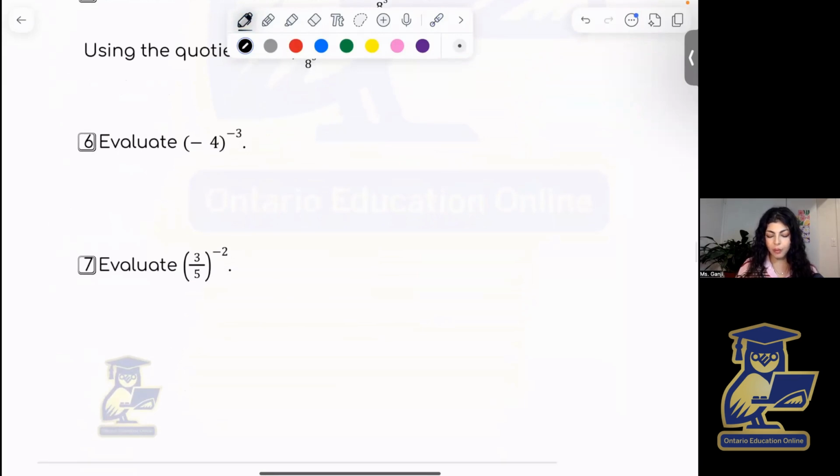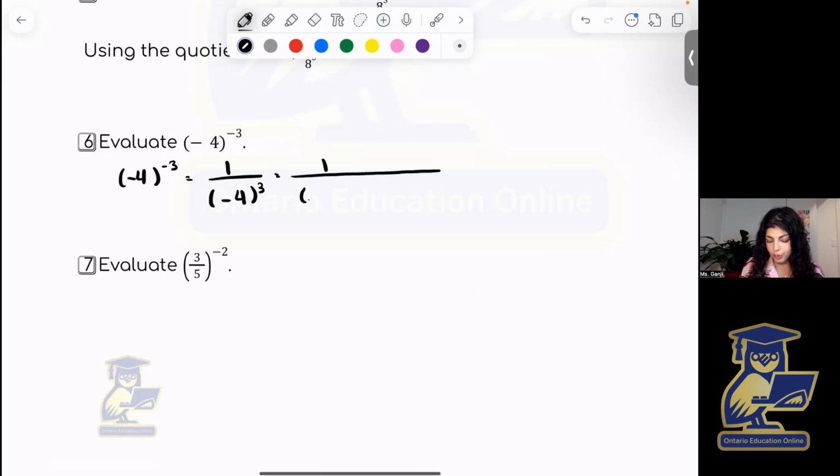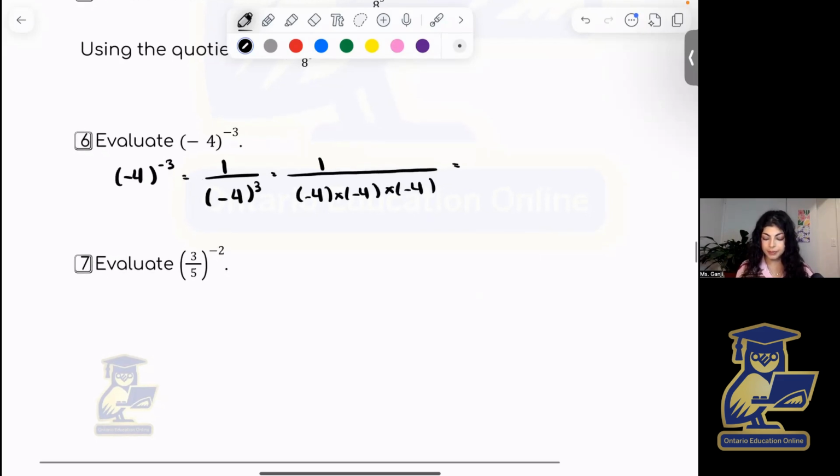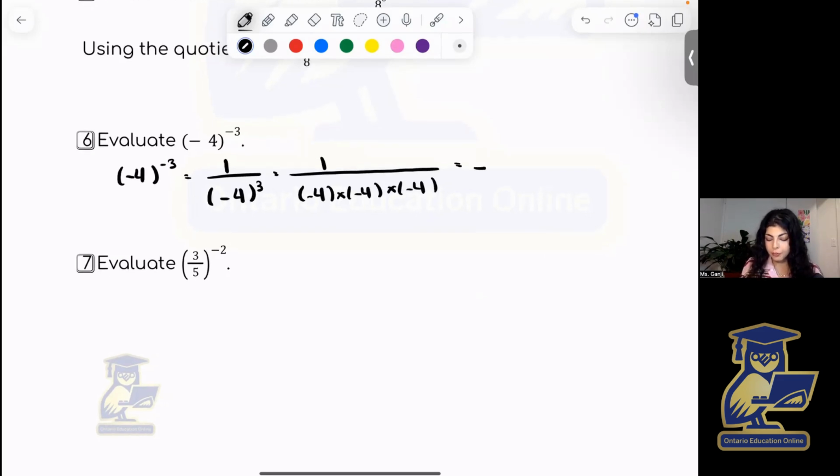So first, negative 4 to the power of negative 3. I'm going to write this as first the positive exponent. And now, just to show you, I'm going to first expand this. So this is negative 4 times itself 3 times. So we know that 4 to the power of 3 is 64.